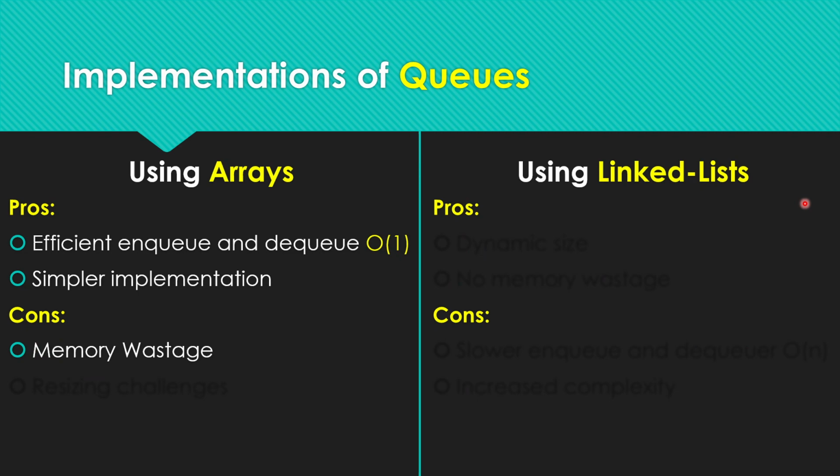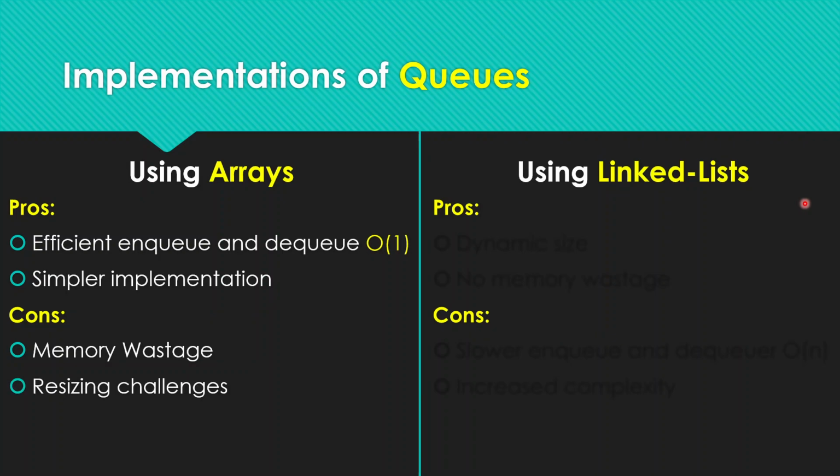The problem with using arrays or lists when we are talking of doing it in Python is, number one, memory wastage. So when we dequeue items, and sometimes if we don't have the initial size of the queue, then we might take up more space than we really need.